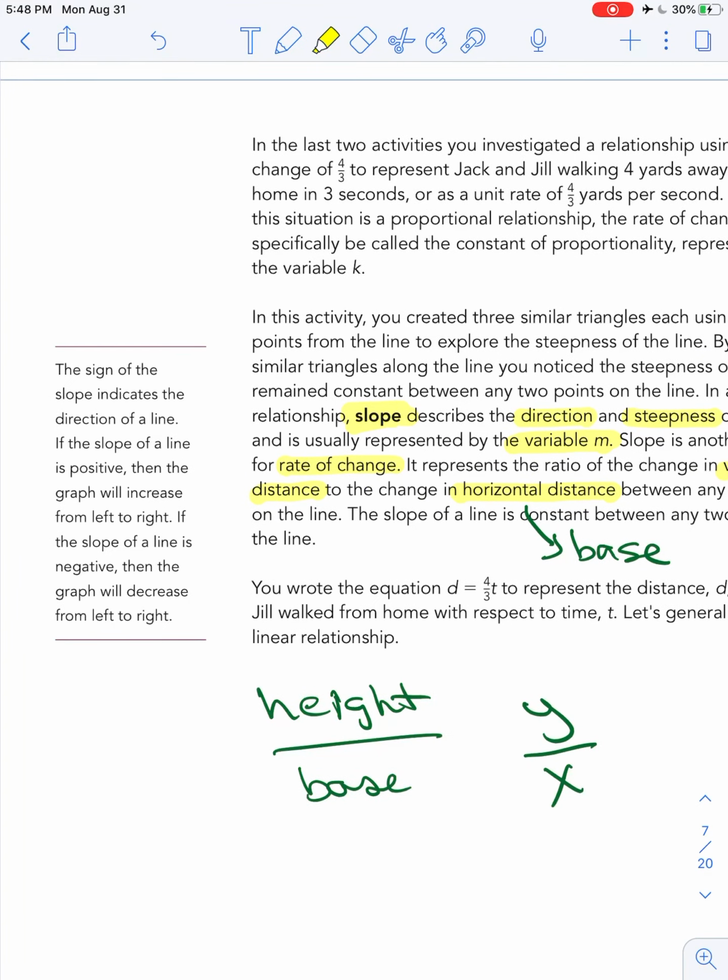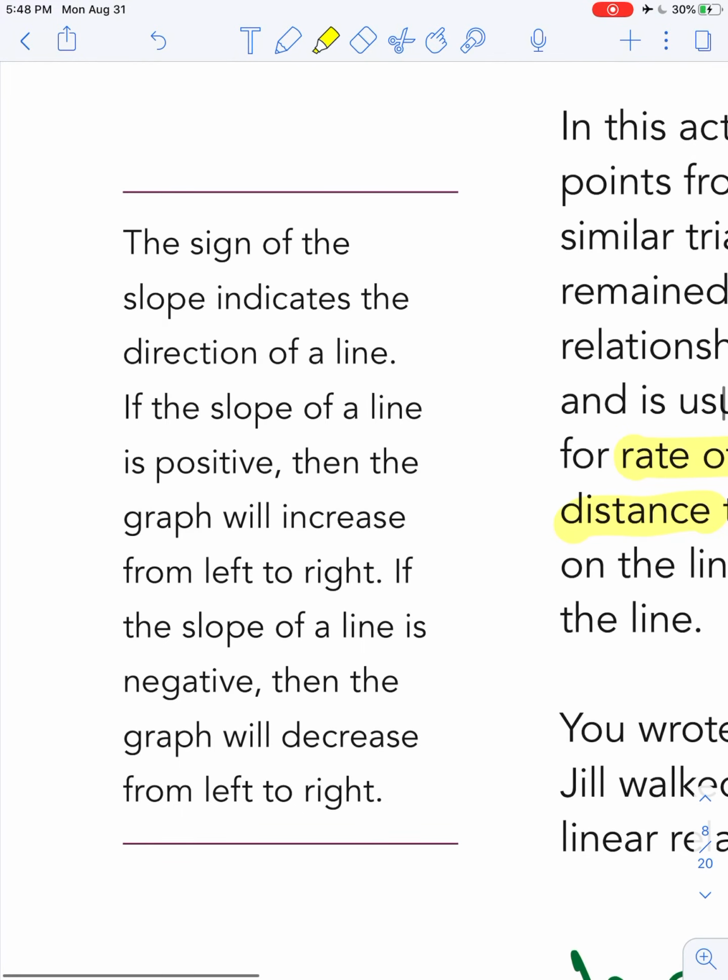The other thing that we have to highlight is actually over here. The sign. When it's talking about the sign, it's talking about whether it's positive or negative, of slope indicates the direction of the line. If it is positive, then it will increase from left to right. So if it's increasing, it goes up.